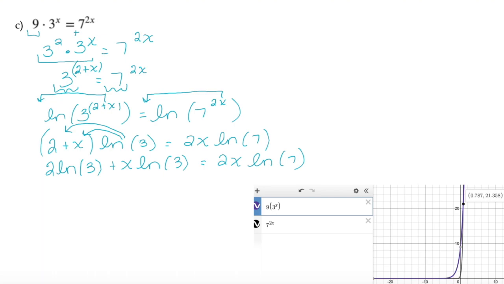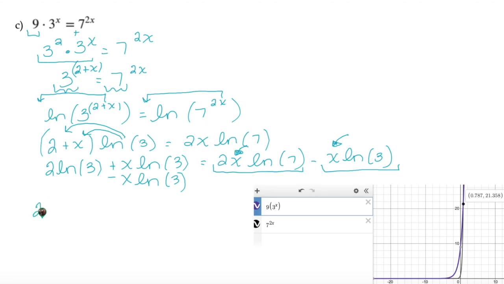2 times the natural log of 3 is going to be some random number itself. But what I'm going to do is subtract x natural log of 3 from both sides, because within these two terms after I subtract, they both have an x that we can factor out, because ultimately our goal is to solve for this.